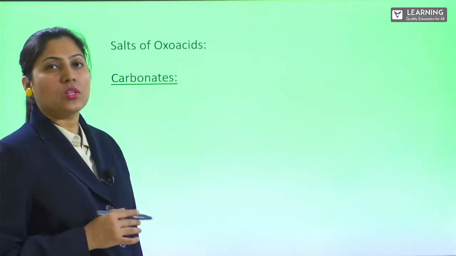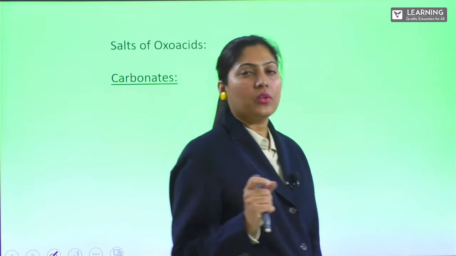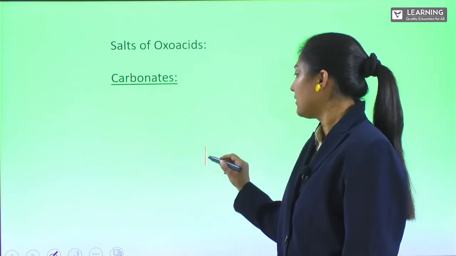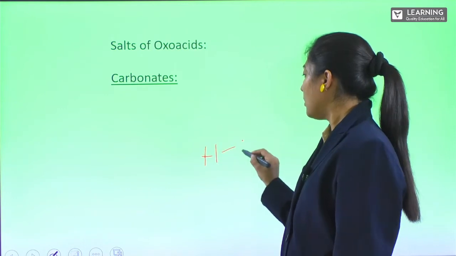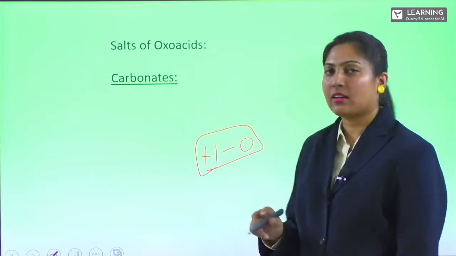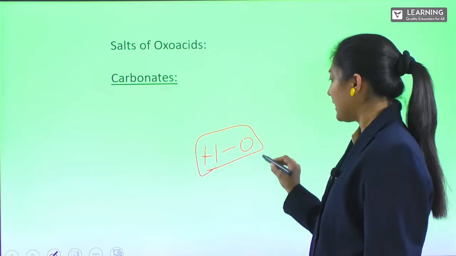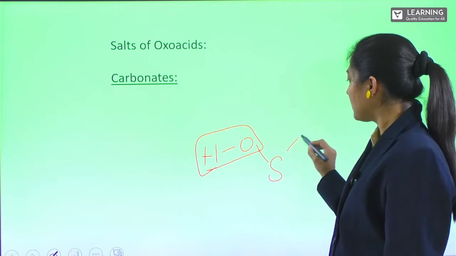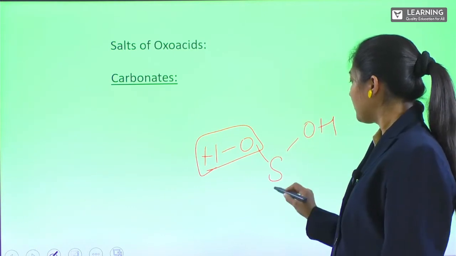Next, salts of oxoacids. What do you mean by oxoacids? If I take hydrogen, oxygen, so this is the OH group which they contain, and if it is connected with sulfur, what happens here? We have it like this, right?